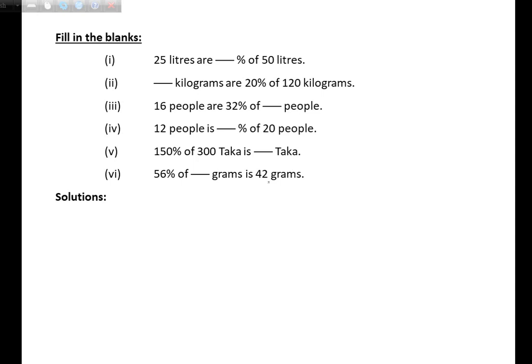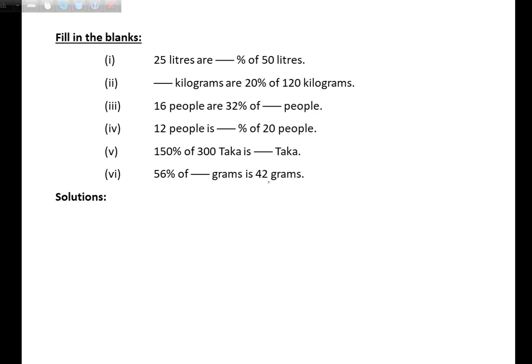In the next slide, short video clips are added in which the first two questions are solved, and the remaining four questions are homework for you. After observing the solution, you will try to solve the remaining four questions.